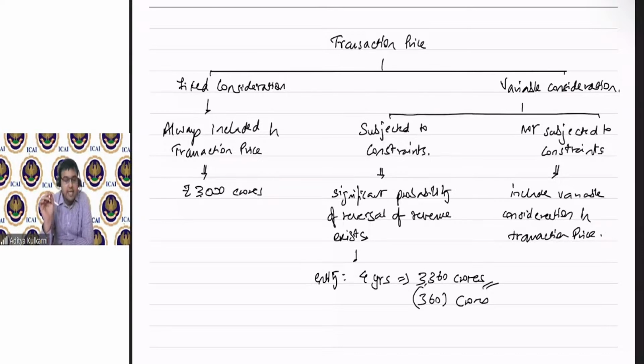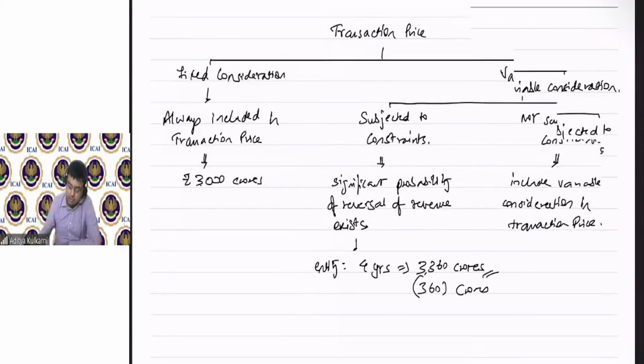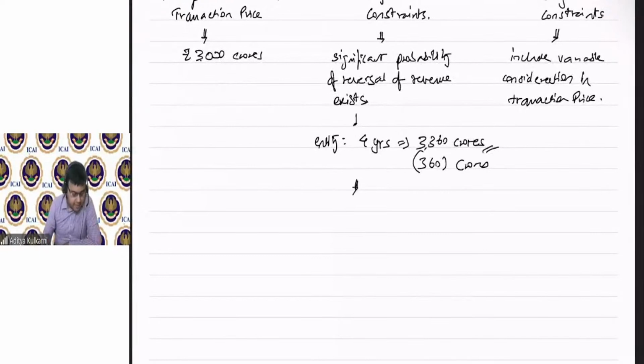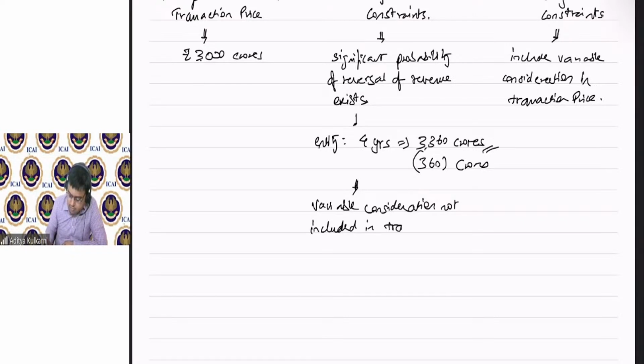And because it ends up getting reversed in the future, will you include variable consideration in the transaction price? Answer is no. Variable consideration is not included in transaction price.